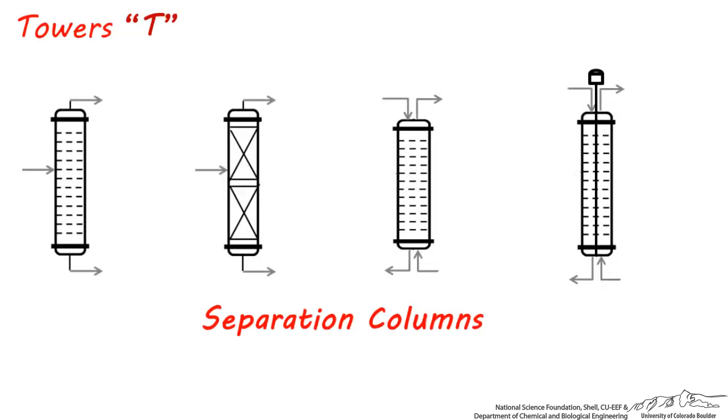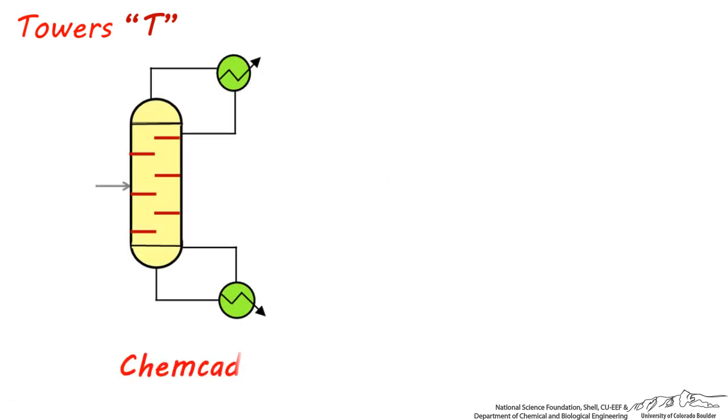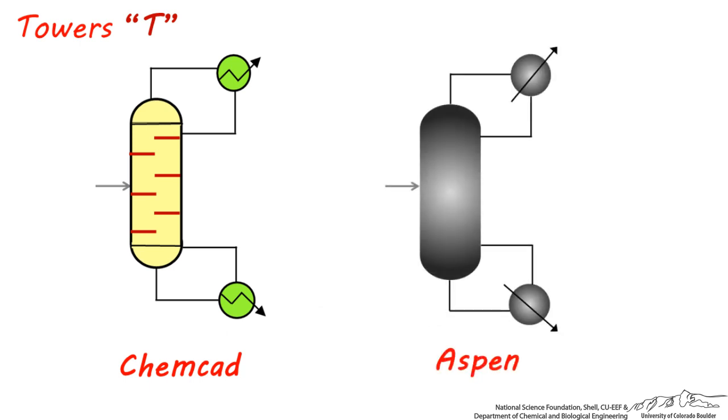Let's next look at how these separation equipment units are represented in ChemCAD and Aspen. This symbol is the default distillation unit for ChemCAD, and this one is the most common distillation column symbol in Aspen. Notice both of these already include condenser and reboiler units, so you don't necessarily have to design these as separate heat exchangers when building a process flow diagram in ChemCAD or Aspen.